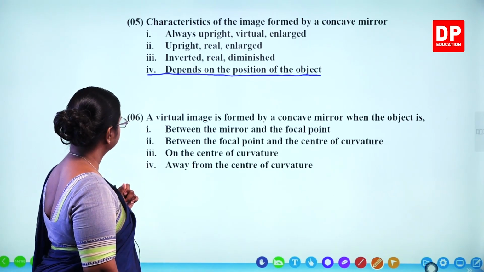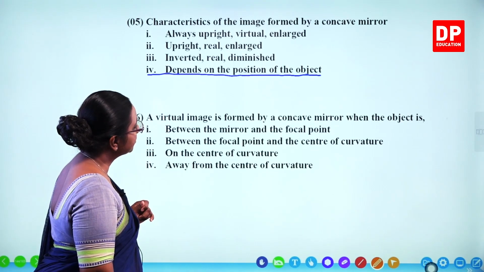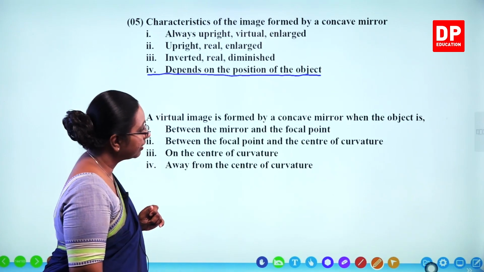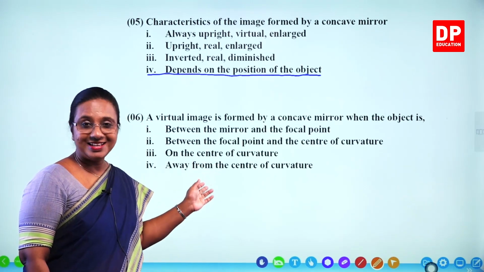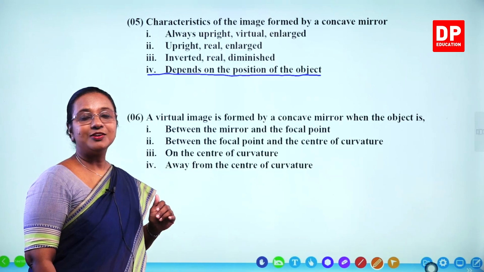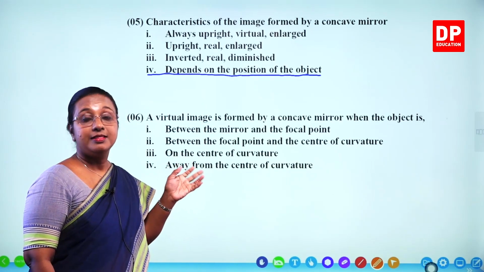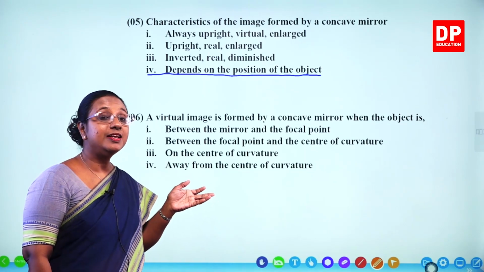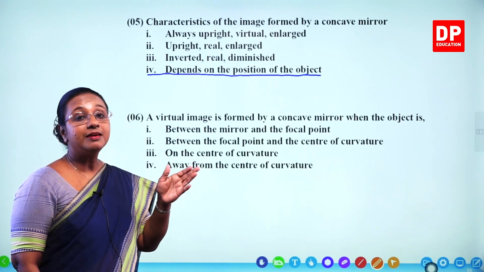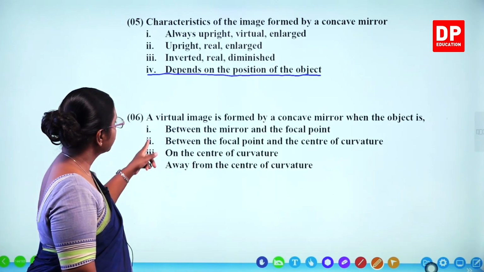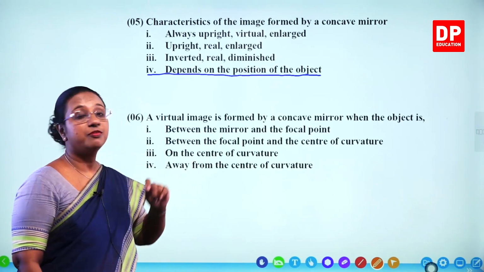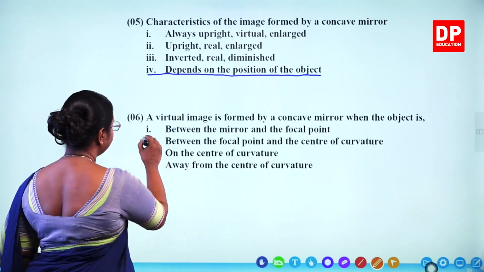Then the next one. A virtual image is formed by a concave mirror when the object is... I discussed that a little while ago when we discussed this question with a concave mirror. The image is virtual when it is between the mirror and focal point. So between the mirror and the focal point, that is the correct answer.